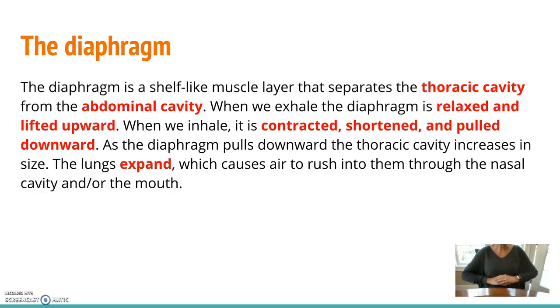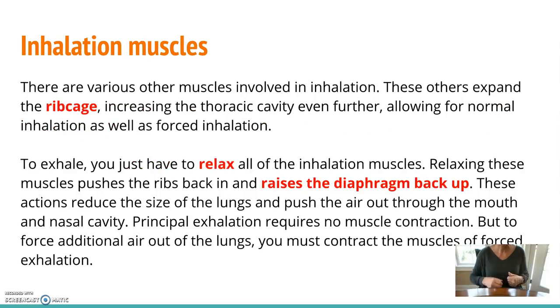As the diaphragm pulls downward, the thoracic cavity, this chest space, gets larger. It increases in size. When that happens, the lungs inside are forced to expand. When you expand those lungs, it causes air to rush in to fill that space through your nasal cavities and your mouth.